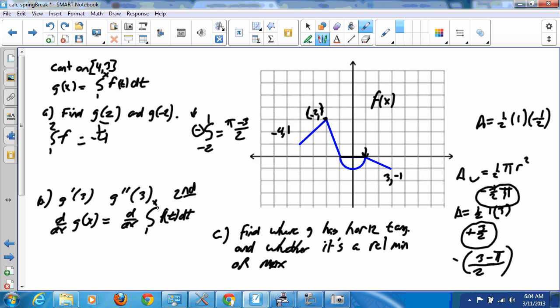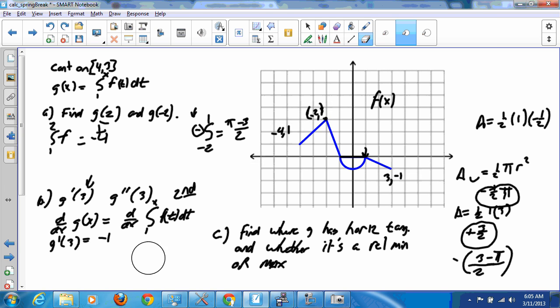And since we're taking the derivative of the integral, and x is in our upper limit, all we have to do is remember that they cancel out. So g prime, derivative of g, is just equal to the function over here. So all we have to do is go to this graph and go over to 3 and realize that g prime of 3 is equal to f of 3, and f of 3 is a negative 1.